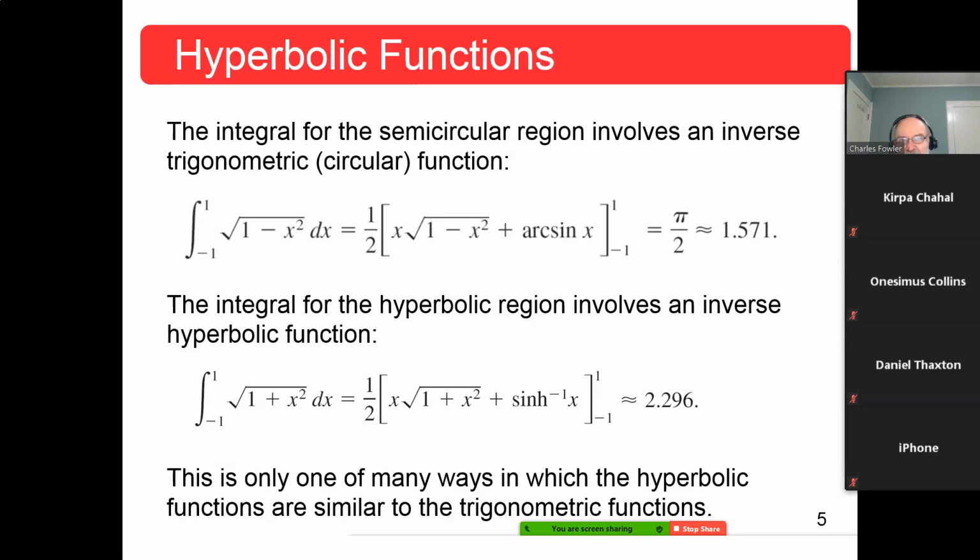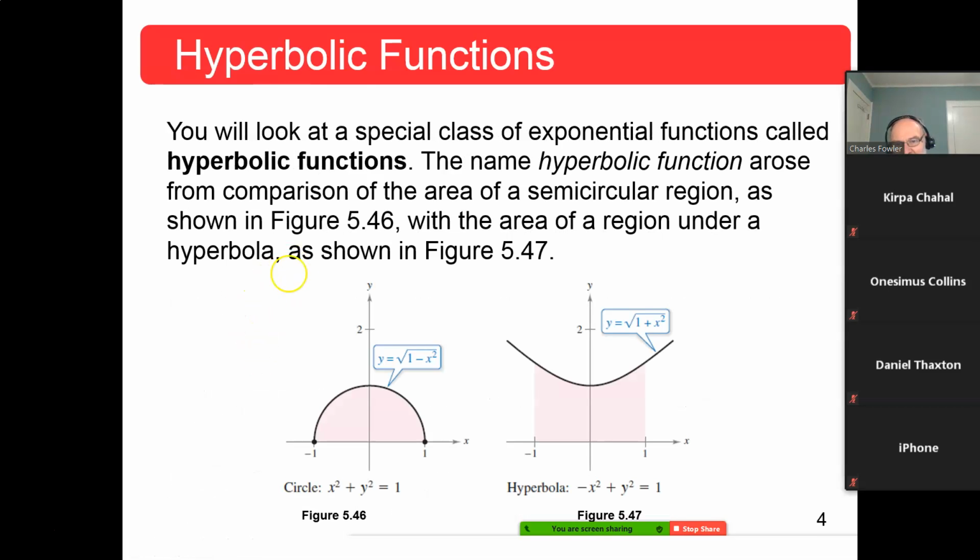The integral for the semicircular region involves an inverse trigonometric function, a circular function, and that would be the integral from minus 1 to 1 of this thing. Now, I would not do it that way, okay? I would go back here and say the integral from 0 to 1 of this and then double it. That's so much easier than going from minus 1 to 1.